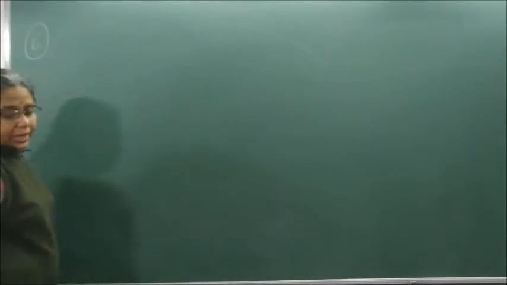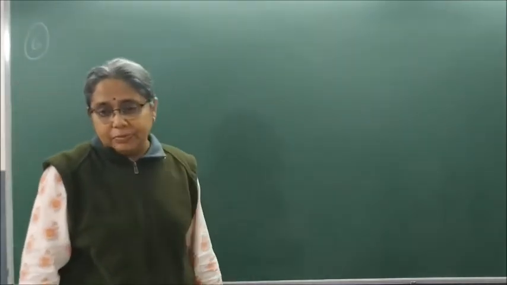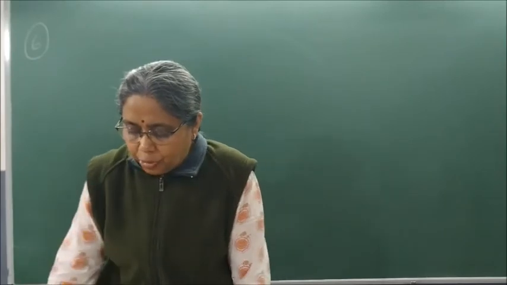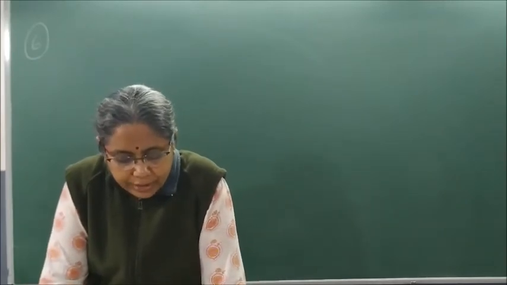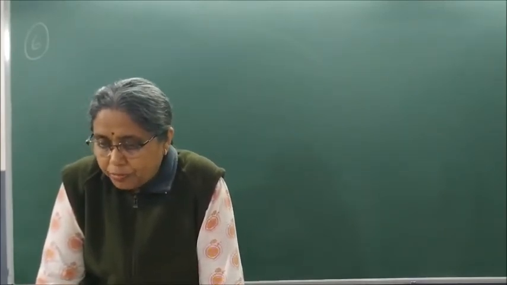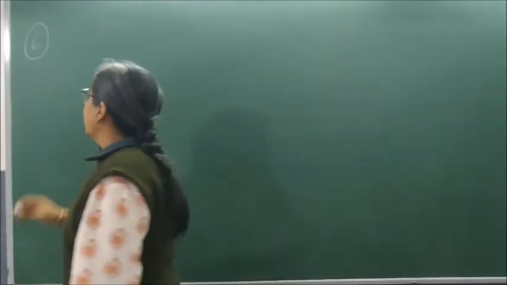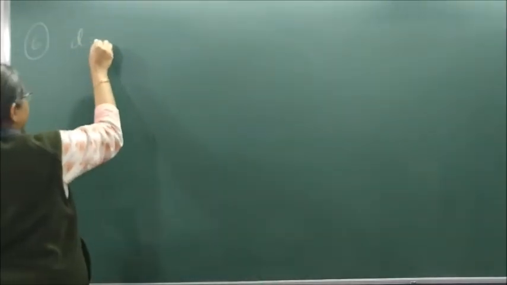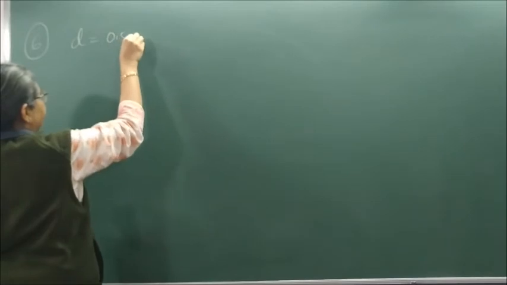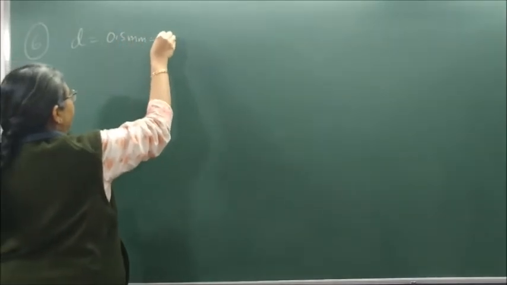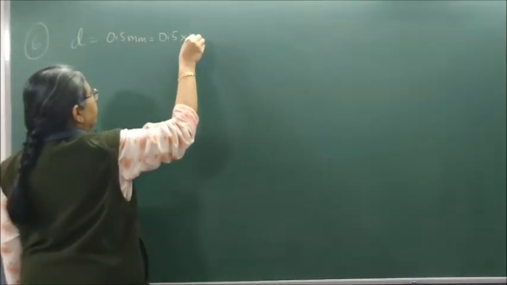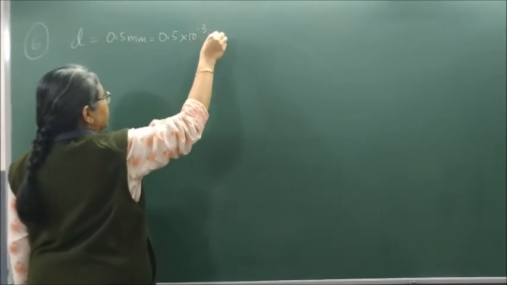Okay, it is a very nice problem which has always been asked. Mark it as important. A copper wire has a diameter of 0.5 mm. So diameter is given as 0.5 mm or 0.5 into 10 to the power of minus 3 meter.